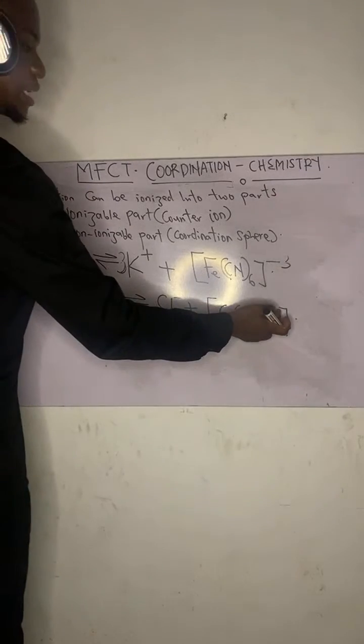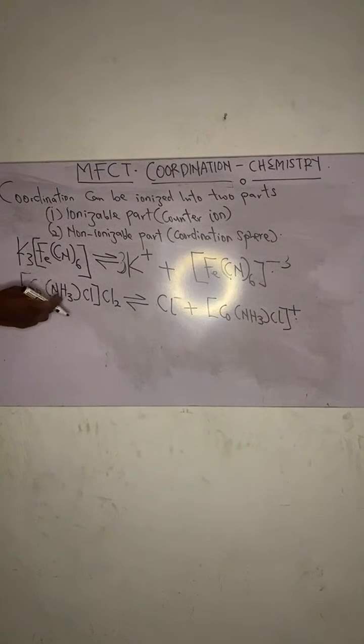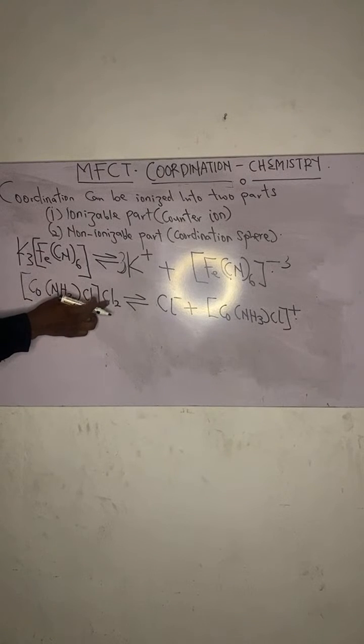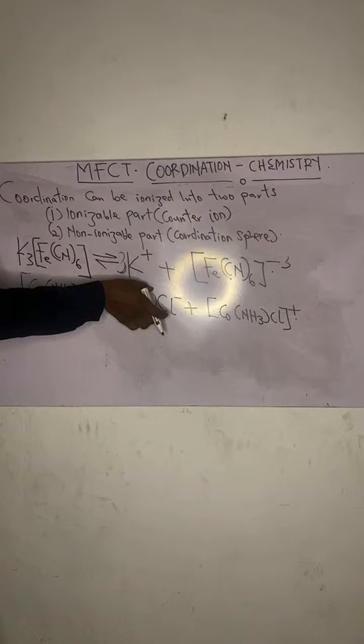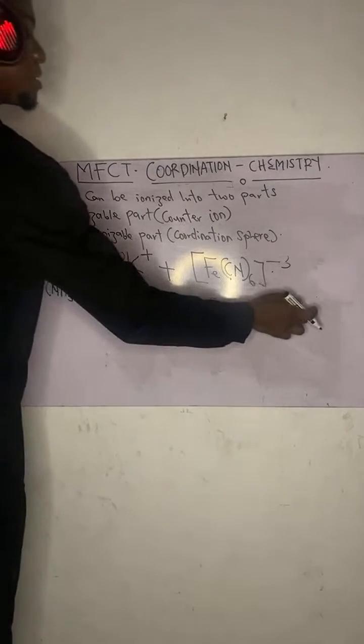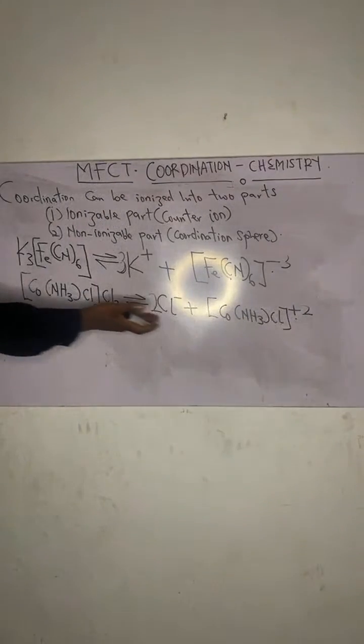Once you place a minus at the top of Cl, the top of the coordination sphere would be positive. You will then check the compound given to you. How many counter-ions do we have? You have 2 counter-ions. Then you are going to place 2 at the back of chlorine here. Any value you place at the back of the counter-ion would also be written at the top of the coordination sphere. So this is the correct ionization for this particular compound.